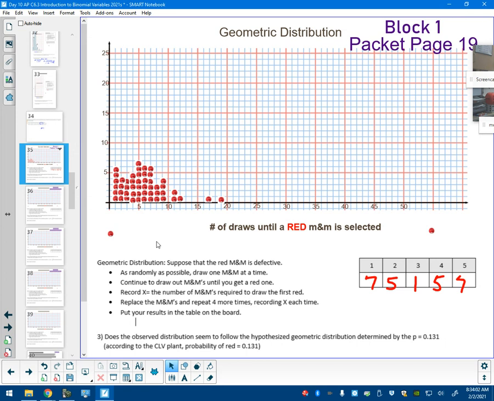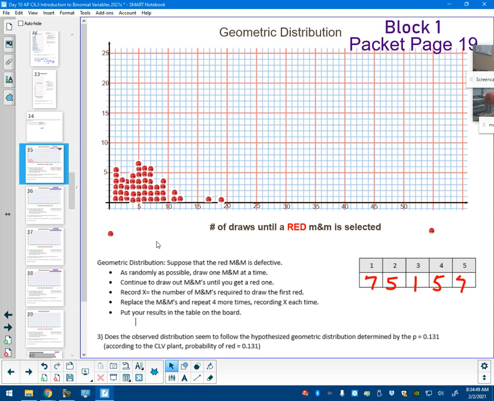The 5s go up to 7. 6 and 7 both go up to 6. 8 only goes up to 3. 9 goes up to 4. 10 doesn't go anywhere. 11 is at 2. 12 is at 1. 17's at 1 and 19's at 1. And you can start eating your M&Ms if you wish.